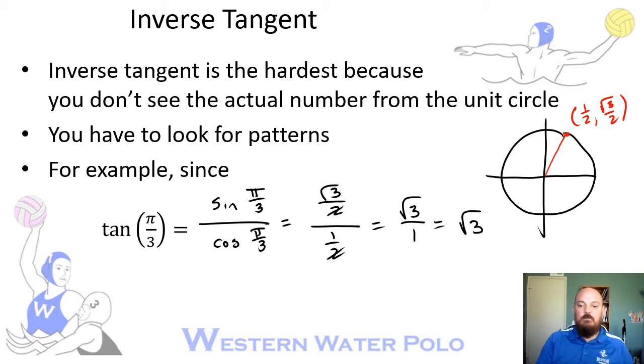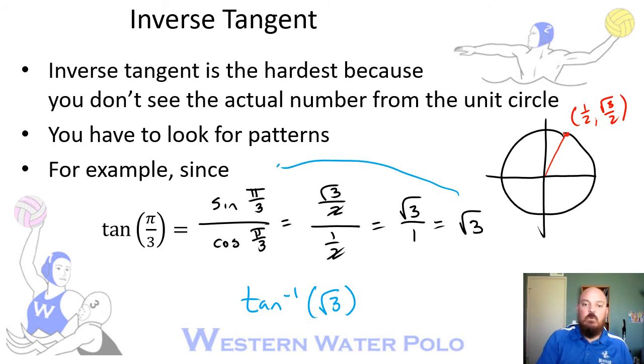Now here's the problem. If we're doing inverses, the question is just going to say, what is inverse tangent of radical 3? And you're not going to be able to look at the unit circle and say, okay, where do I see a radical 3 on the unit circle? You're going to have to work this question backwards and figure out what that angle is. That's what I mean by looking for patterns.